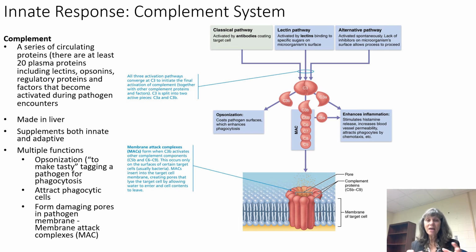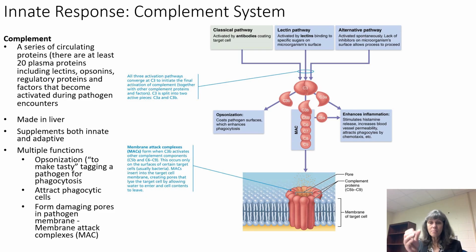However, all 3 pathways are going to converge at a specific protein known as the C3 complement 3 protein that continues a cascade of responses that lead to opsonization, where the pathogen is coated, and that enhances phagocytosis. It's going to enhance inflammation, and so we're going to see the release of histamine, which increases blood vessel permeability and also attracts phagocytosis by chemotaxis.